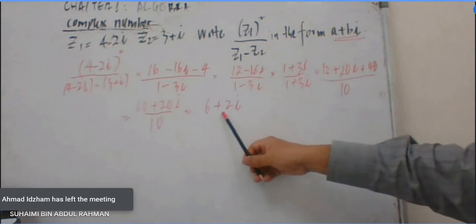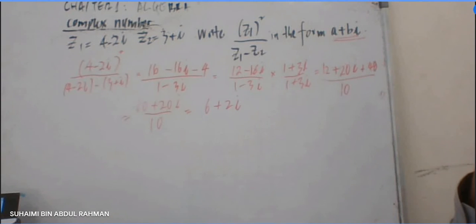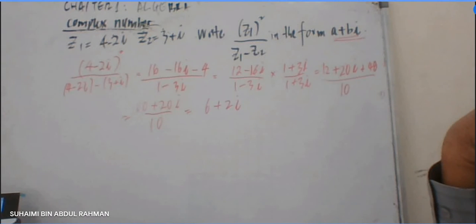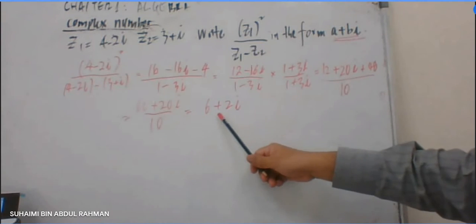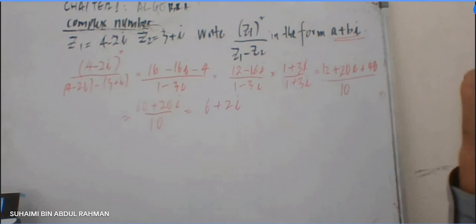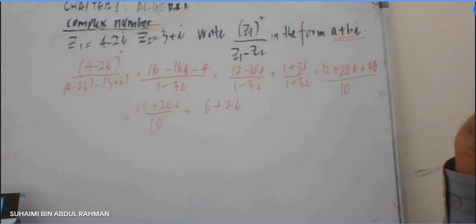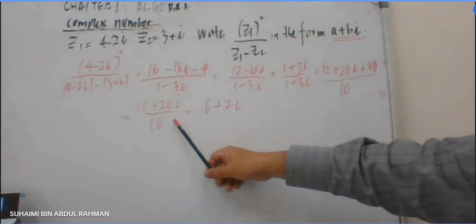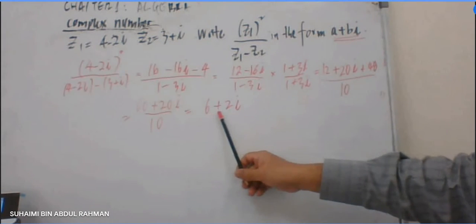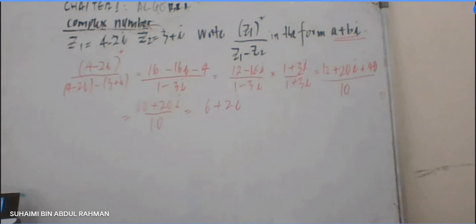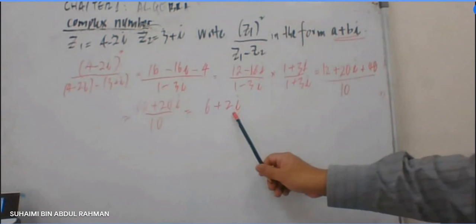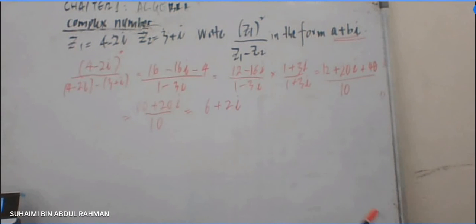Like 6 plus 2i. 60 over 10 plus 20 over 10i. 6 plus 2i.